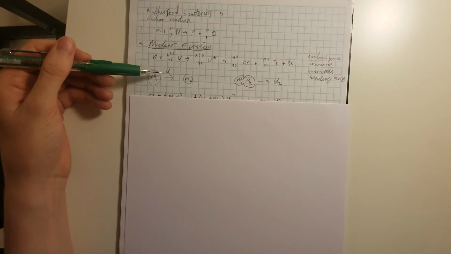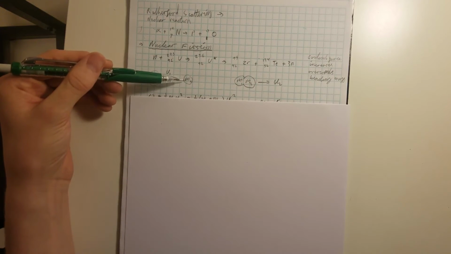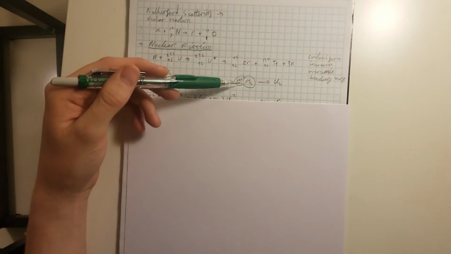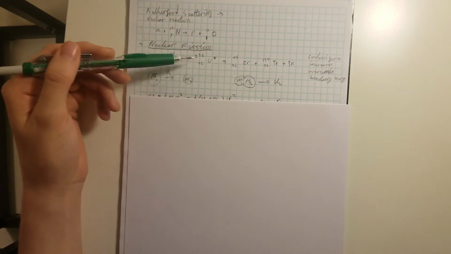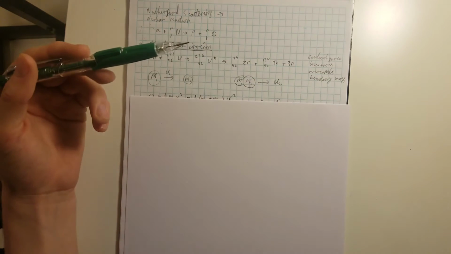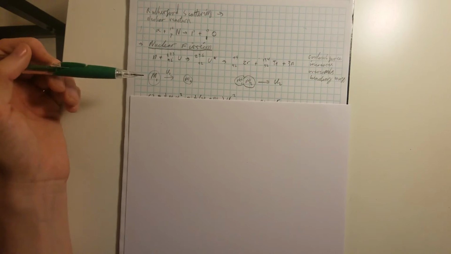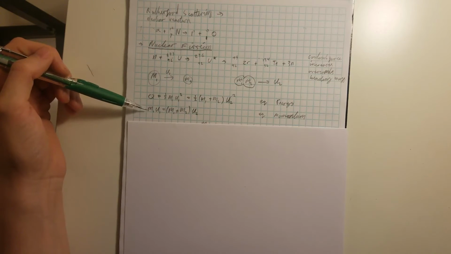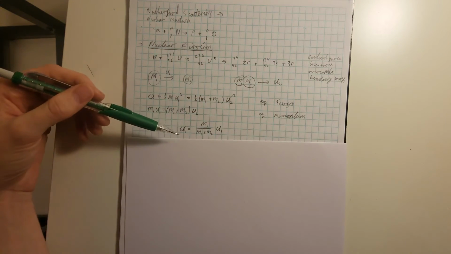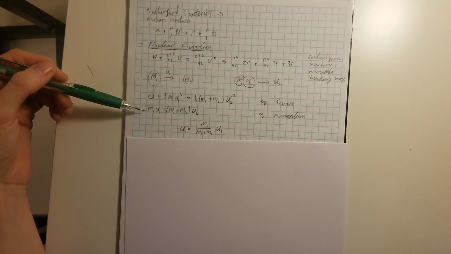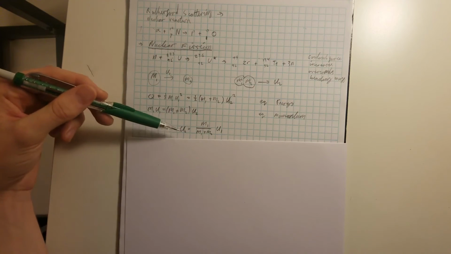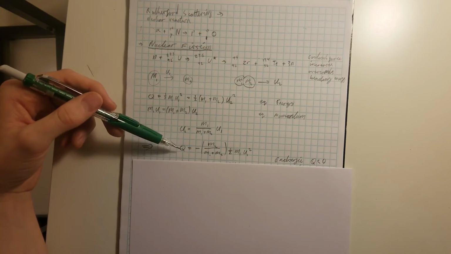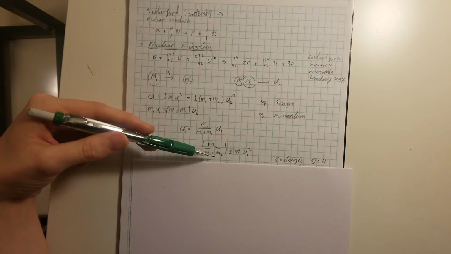So mass M1 with a velocity, and M2 is stationary. So this is the neutron, this is the uranium. They hit and they join together, becoming the 236 uranium, and have a final velocity. So that's the collision. So this is the equation of energy for that, and this is the equation of momentum, and finding the final velocity with respect to the equation of momentum, we plug this back into the equation of energy, and we can find that Q is equal to negative M2 over M1 plus M2.